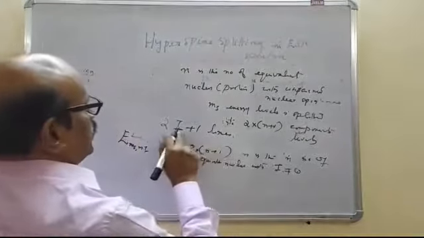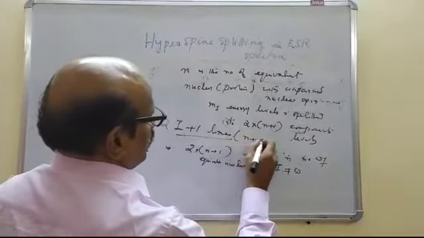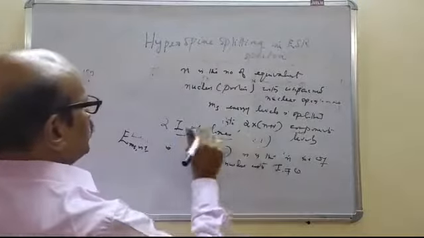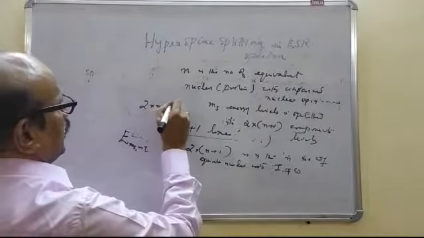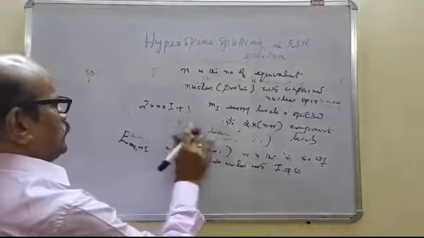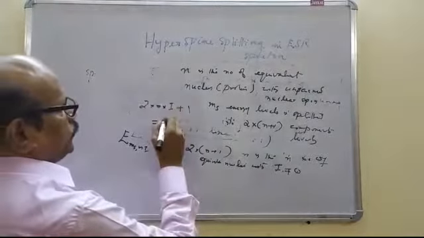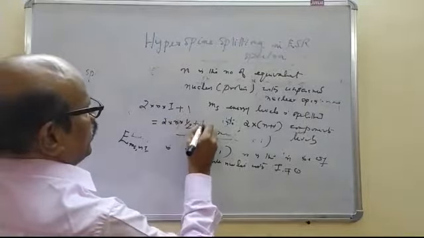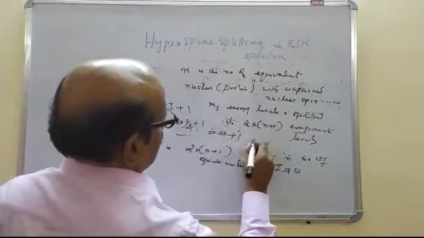The number of lines is 2nI plus 1, and since I is always half, that is 2 into n into half plus 1, which equals n plus 1 lines or peaks.